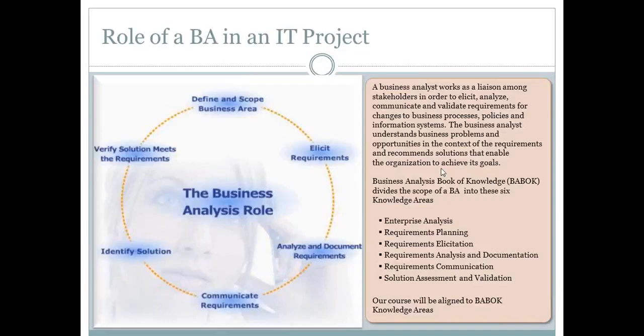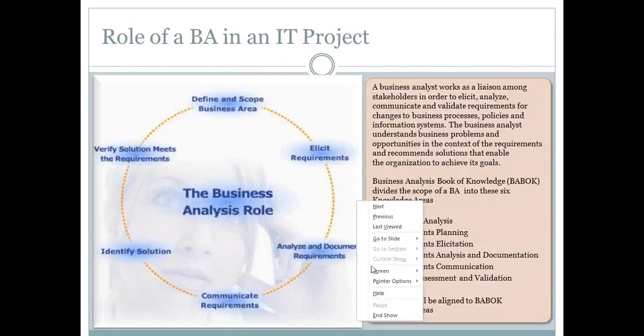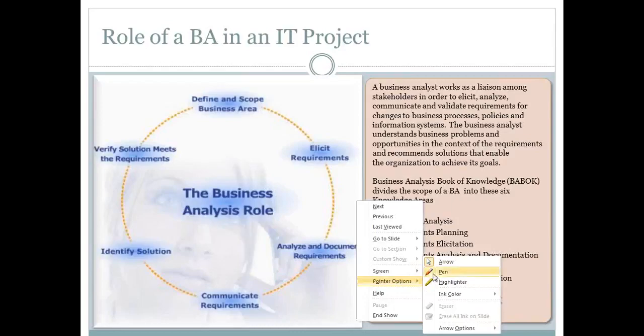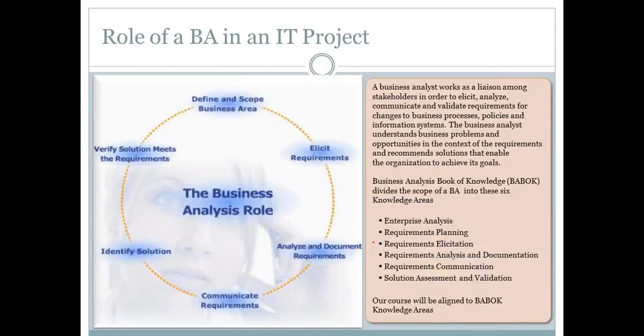So the slide you see crisply summarizes what a business analyst does. Now, if I'm asked what is the most important thing a business analyst would do, it is that a business analyst would understand the requirements from the business team and document them.